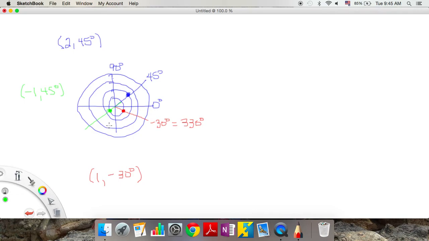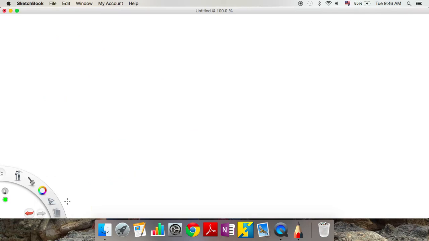Now, a lot of times you need to be able to go between rectangular coordinates and polar coordinates. So we need to see how those are related. If we have just a regular rectangular grid and we have a point out here, we know that for our polar coordinates, this length here is r and this angle is theta.